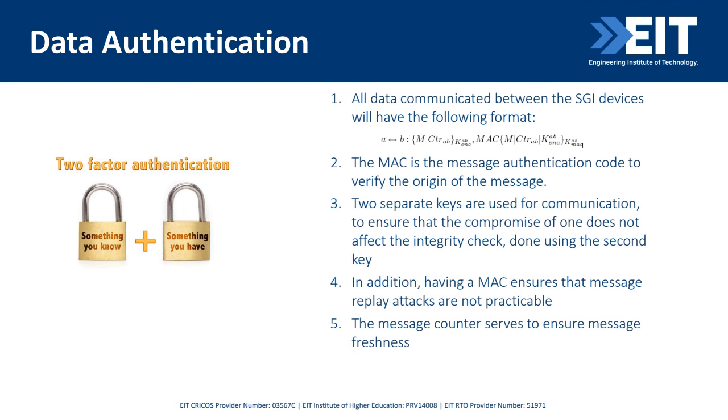And we can encrypt the whole thing with a shared secret key. And this shared secret is between these two entities. And then for integrity validation, we could do generation of a message authentication code.